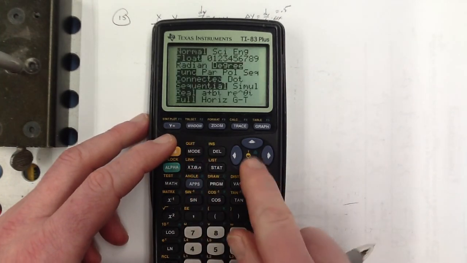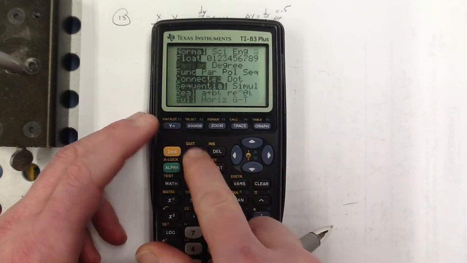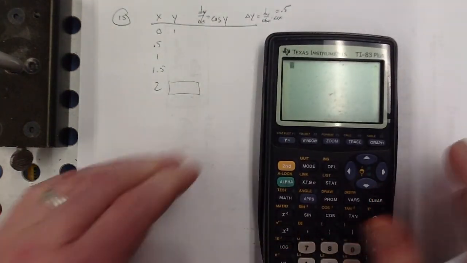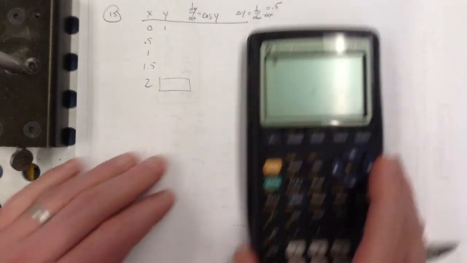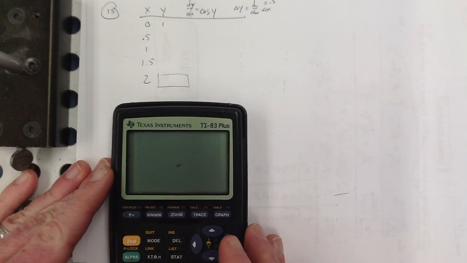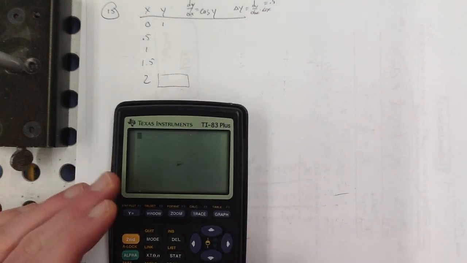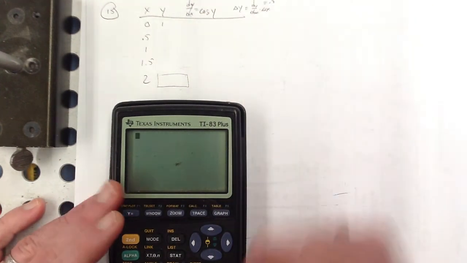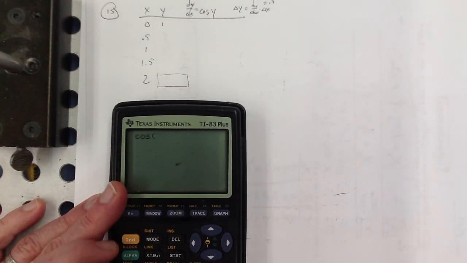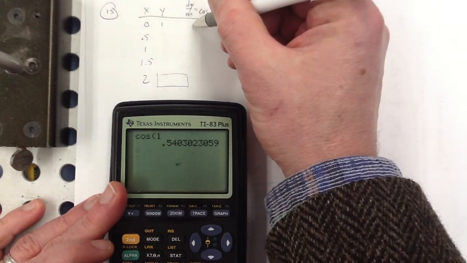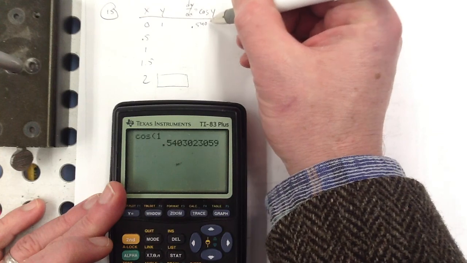I bet I'm not, because I'm doing calculus. So that'll mess you up. And let's go, Wildcats. The cosine of 1 is, I don't know, garbage. Cosine of 1 radian is 0.540.